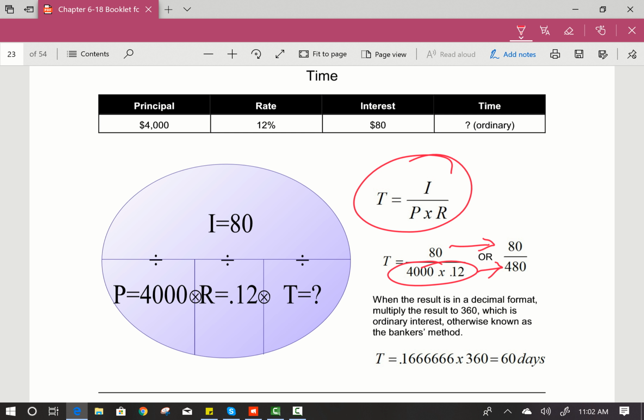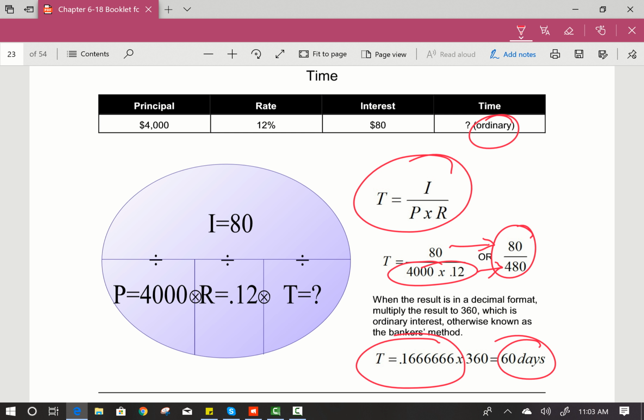Clear the calculator and enter 80 divided by 480, and it will give you this repetitive value of 0.1666, and it'll keep on going all the way to the end of your calculator's display window. Don't change it. Just leave it in there and multiply that times ordinary interest in a year of 360 days, and that will give you the number of days, 60 days, based upon a banker's method of calculation, a 360-day year.